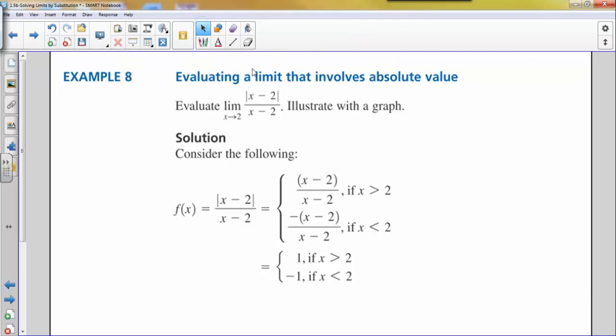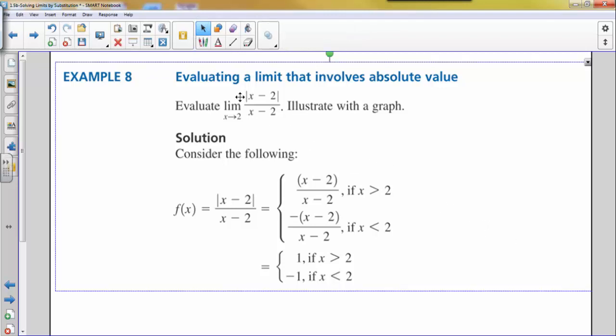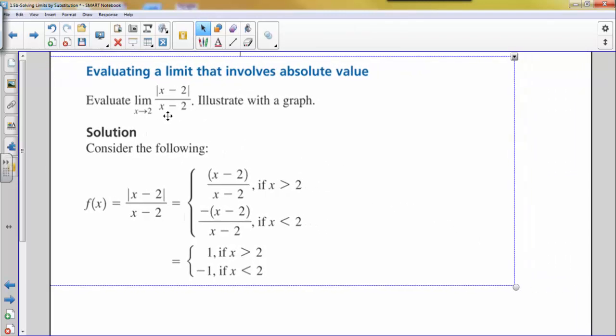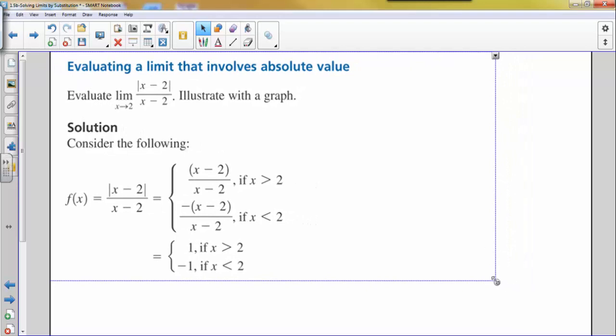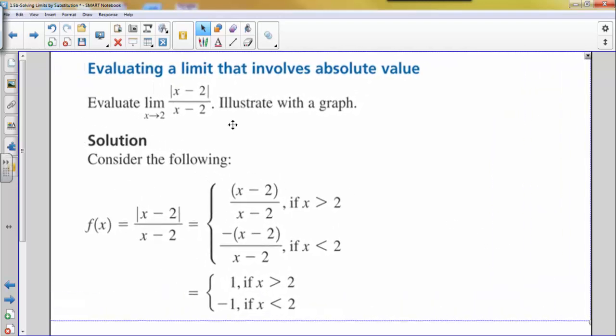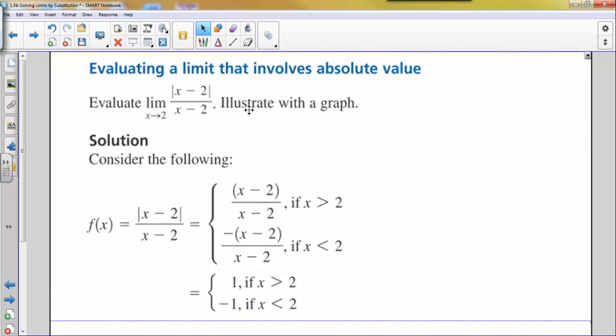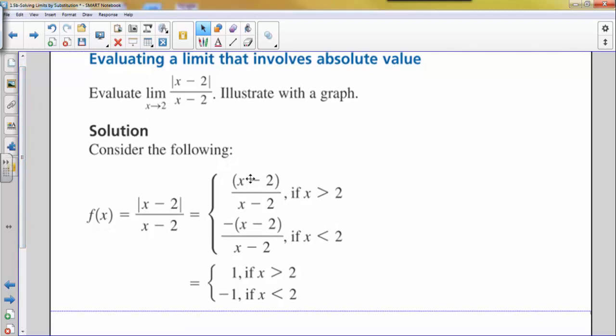Last possibility here, or last one that we'll be seeing, evaluating a limit that involves an absolute value. Basically, to do this, we need to evaluate around the key point here and determine where the absolute value originally was positive and where it was originally negative, and adjust accordingly.